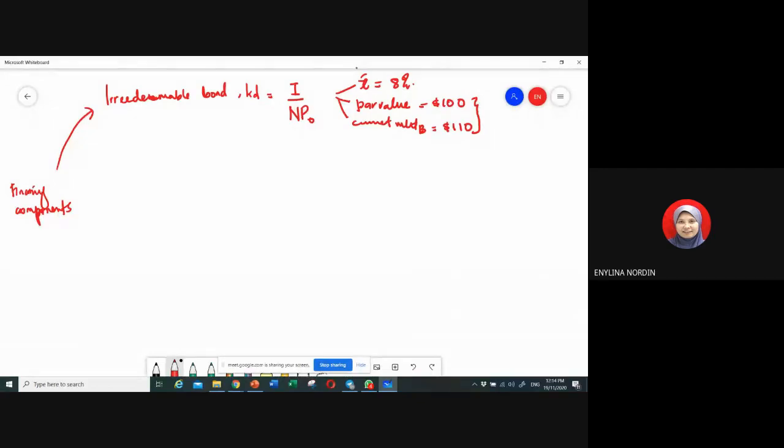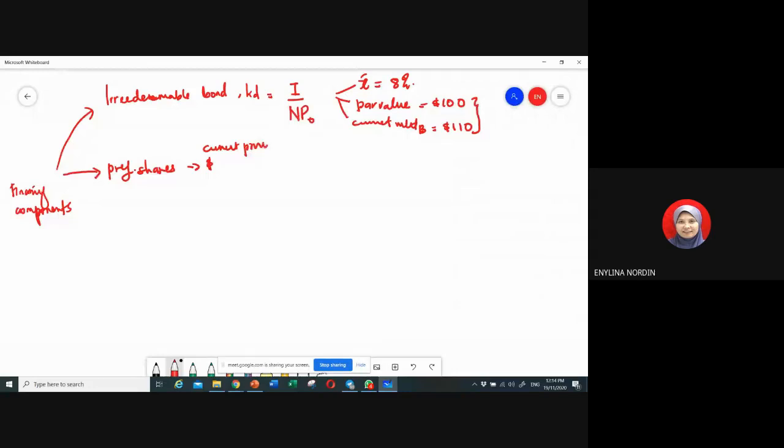Another type of financing component that is going to be issued here is equity. The second point is about preference shares, or preferred stock. It is stated that the preferred stock is trading at a price of 120 ringgit, which is the current price of these preference shares.